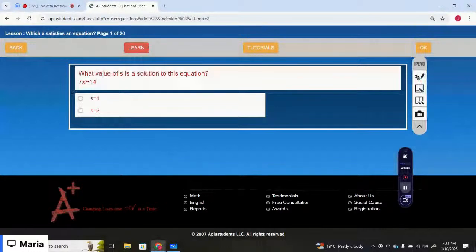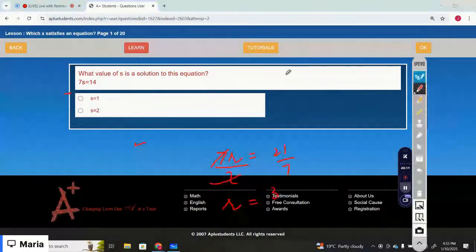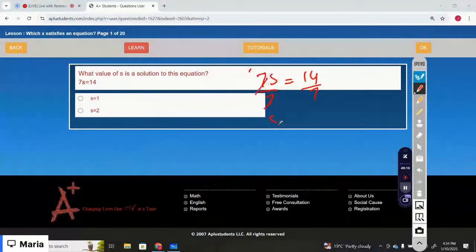What value of s is the solution to this equation? So which is the correct option? Isolate the variable s. Divide both sides of the equation by 7. That is 7s equals 14. Divide both sides by 7. 7 and 7 cancel out. And 7 times 2 equals 14.